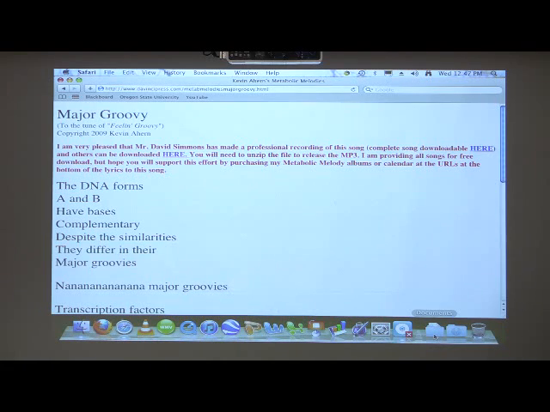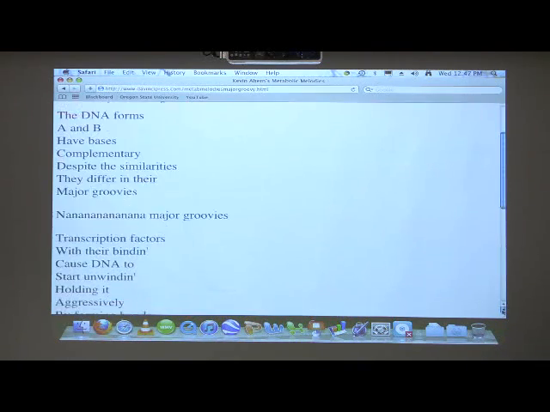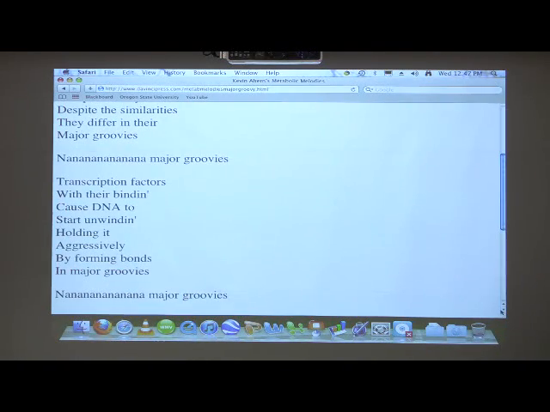The DNA forms A and B. A base is complementary. Despite the similarities, they differ in their major groovies. Na na na na na na na. Major groovies. Transcription factors with their binding, cause DNA to start unwinding, holding it aggressively by forming bonds in major groovies.